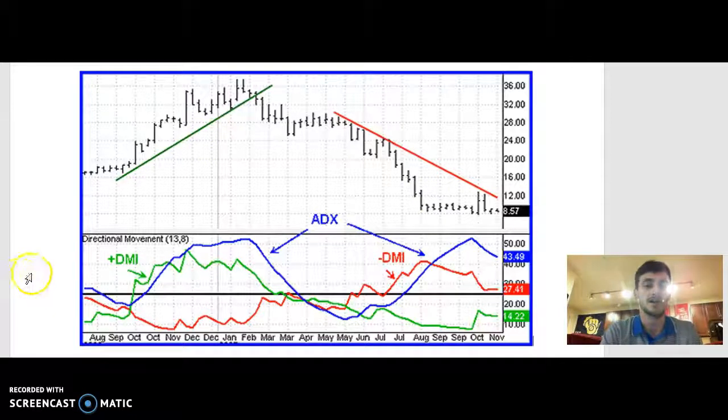Right here, you'll notice that there are points of convergence and divergence in these four areas that I've been circling around here.